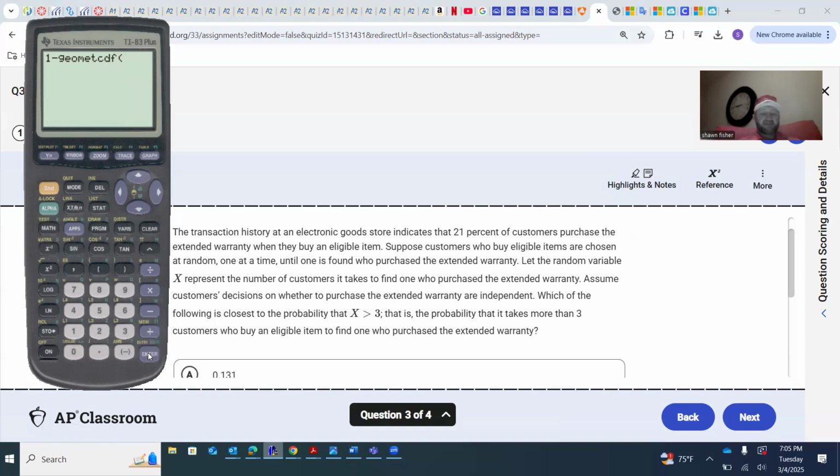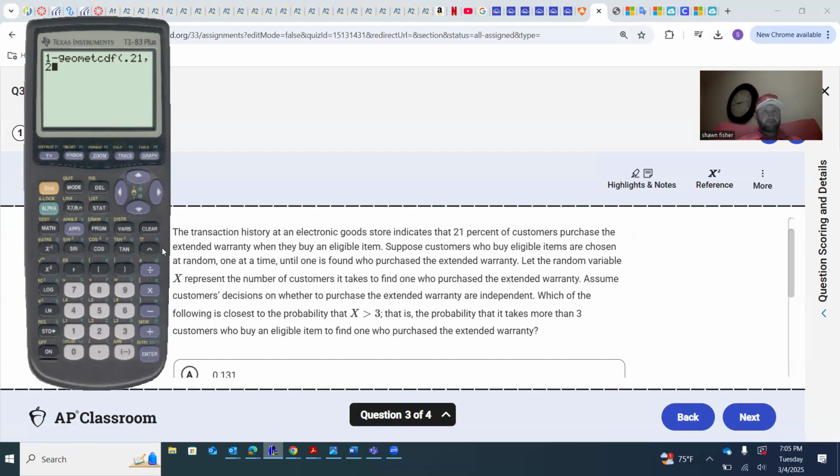Second distribution. It's a geometric scenario, and in my geometric scenario I put the probability of success, comma, and then everything less than 2, right? Everything less than 2, because it can't equal 3.